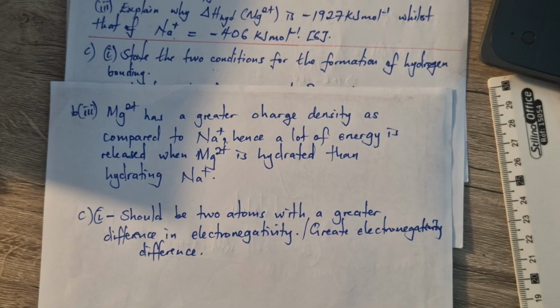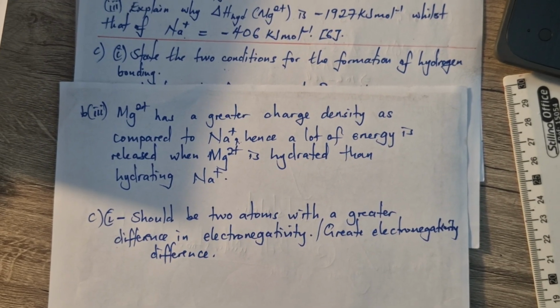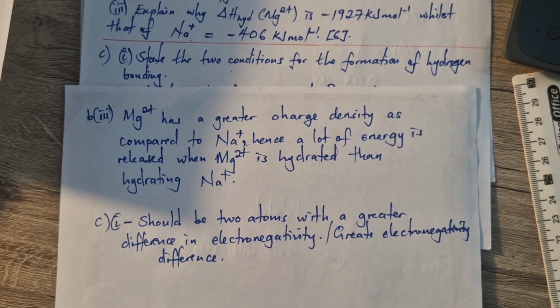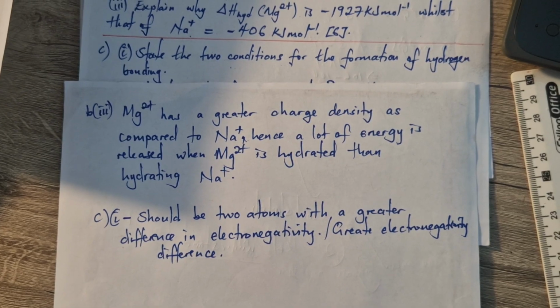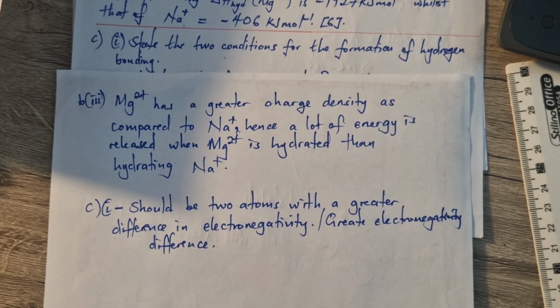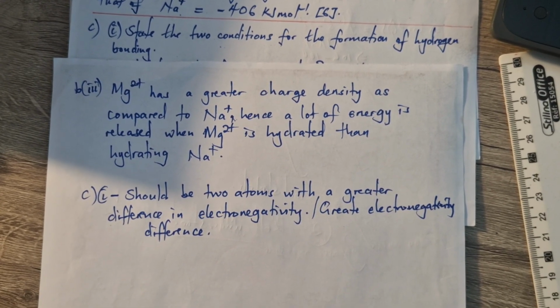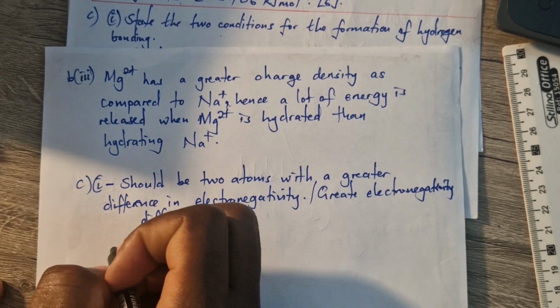We can just shorten it as greater electronegativity difference. For example, let's say there is a hydrogen atom and a nitrogen atom. The 2 possess a greater difference in their electronegativity values, so a hydrogen bond can exist.